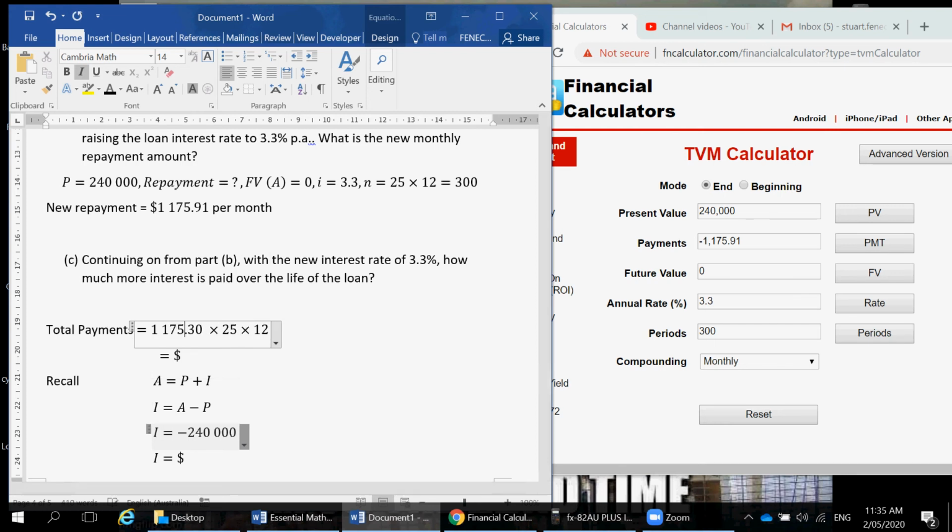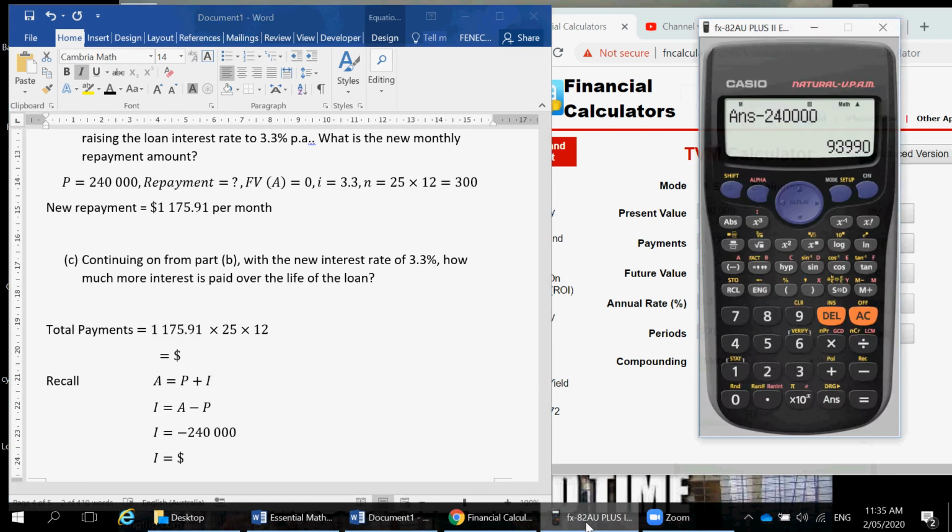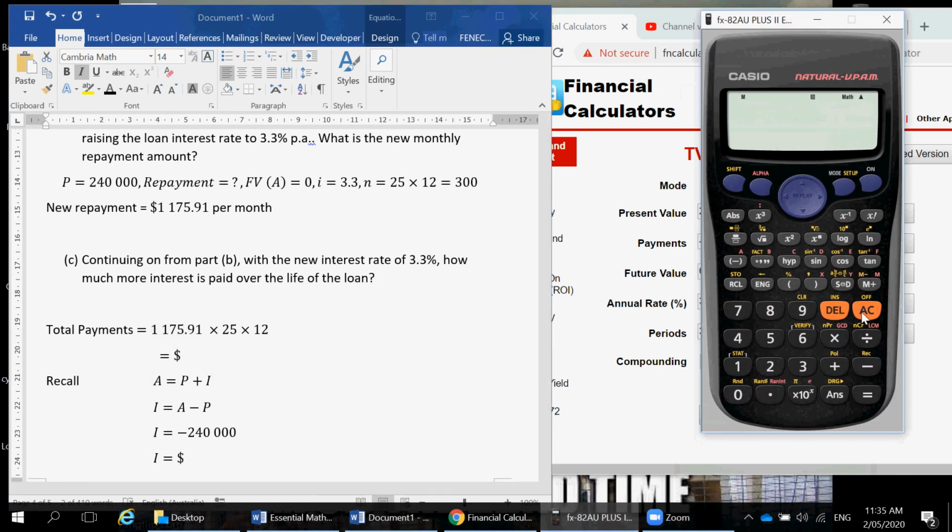So we've got that repayment, again, 25 years, 12 months. So that's the new repayment, and that's going to be paid 300 times because there's still going to be 300 months in paying off the loan. Times 25 times 12, that's the same as multiplying by 300.